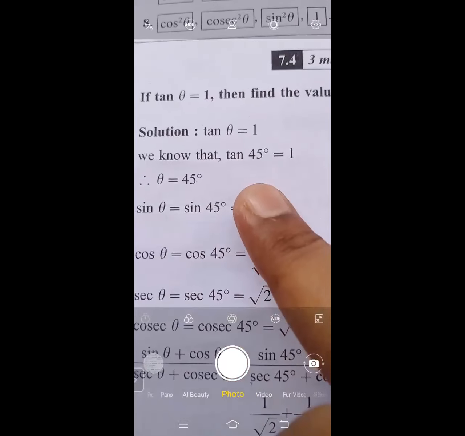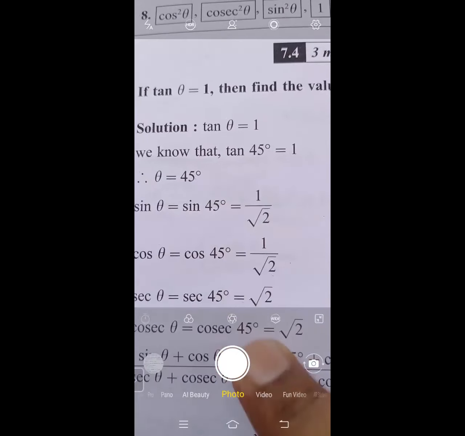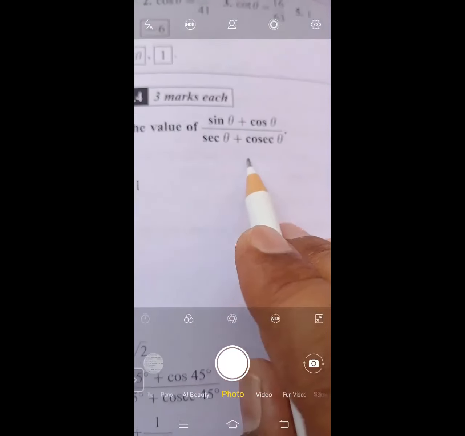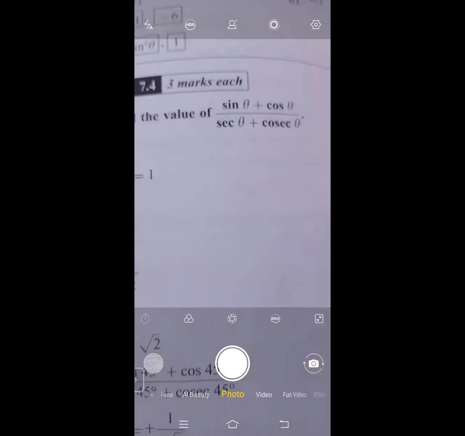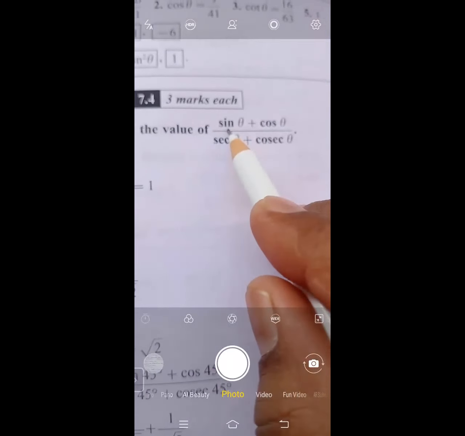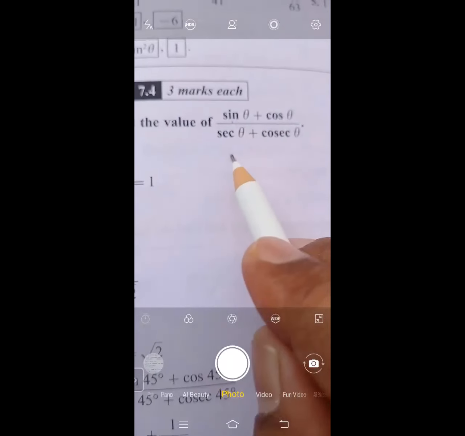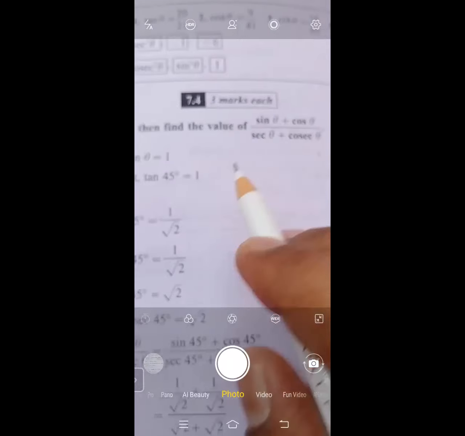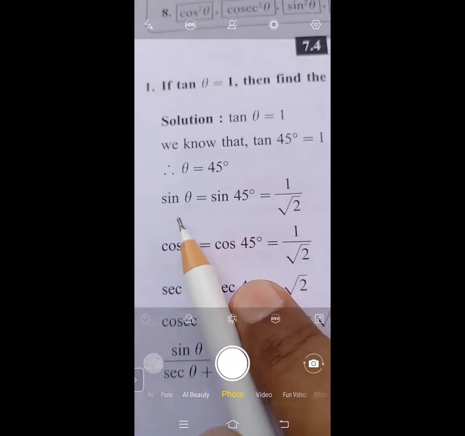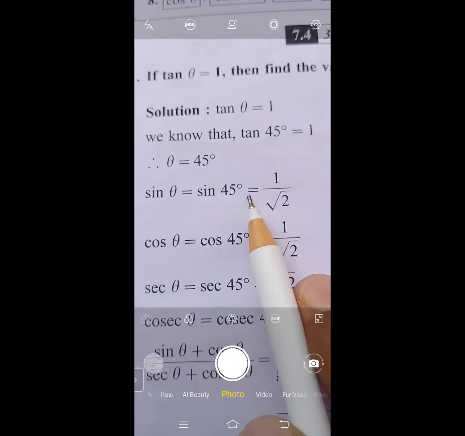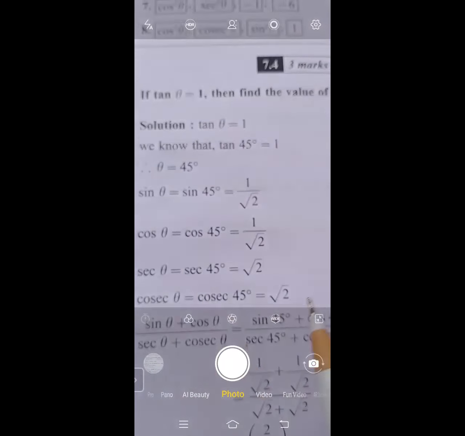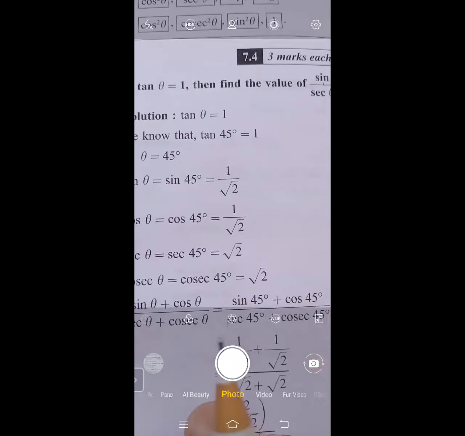So we have to find the value of this fraction. We will find out the values for sine 45, cos 45, sec 45 and cosec 45. Very easy. Sine theta, theta means 45, so I will search for sine 45, which is 1 upon root 2.